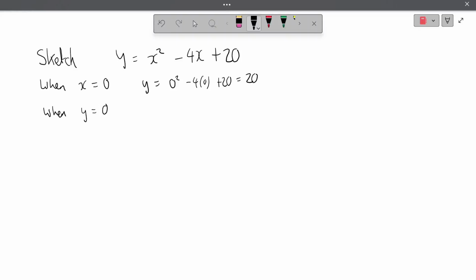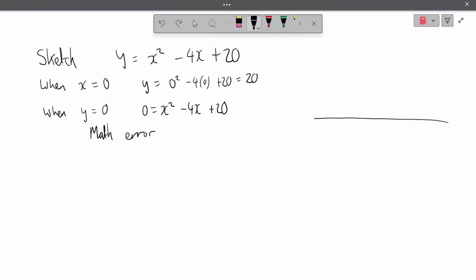Well, then we have 0 equals x squared minus 4x plus 20. We could plug this in a calculator with the quadratic formula, and it will go math error. Not with the exclamation mark, but it'll go math error. And that basically means that it doesn't actually cross the x-axis.